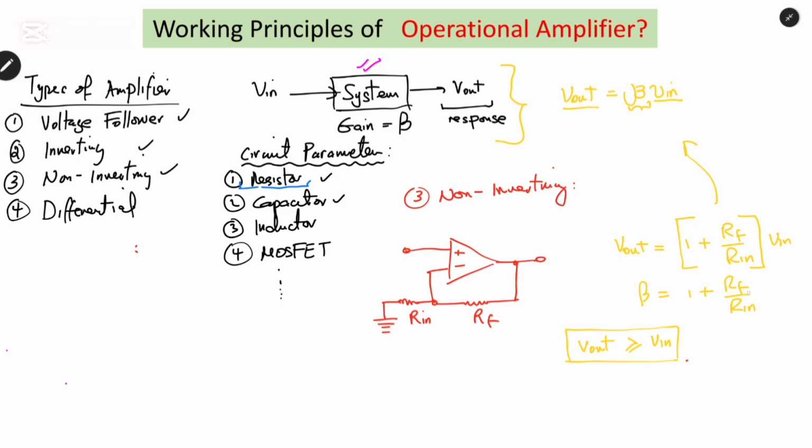If Rf over R in is equivalent to 0, that means V out will be equal to V in. And what will happen if we increase or decrease the value, if Rf is greater than R in and Rf is less than R in? Previously we said in this case, this one is an amplifier.